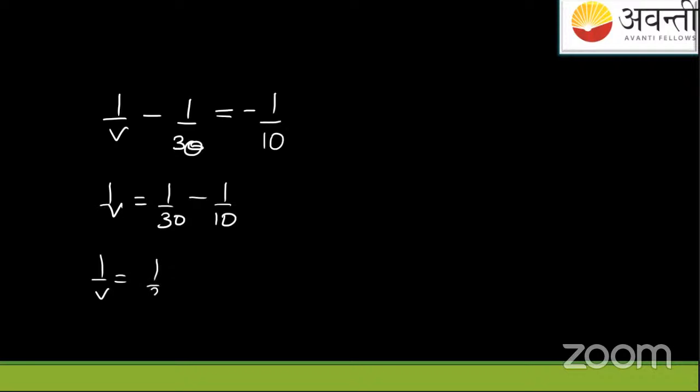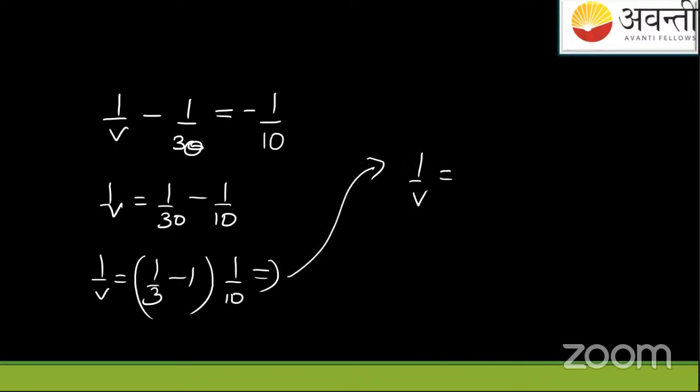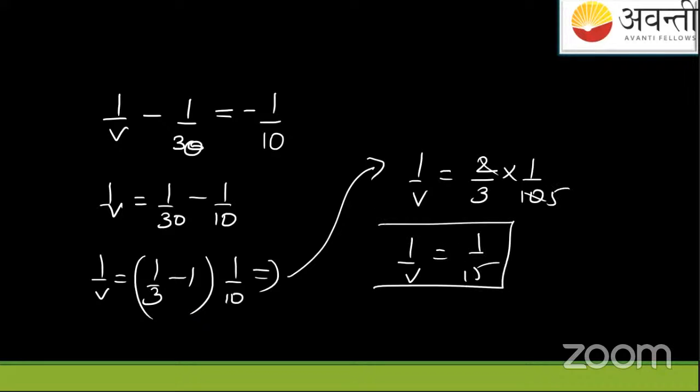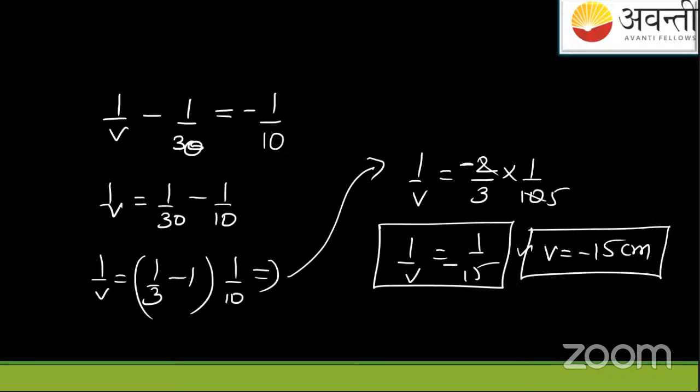So when we solve this, we'll get 2 by 3 over 15, and this is minus 2 by 3. So we'll get the answer V as minus 15 centimeter. So you're getting image distance as V equals minus 15 centimeter.